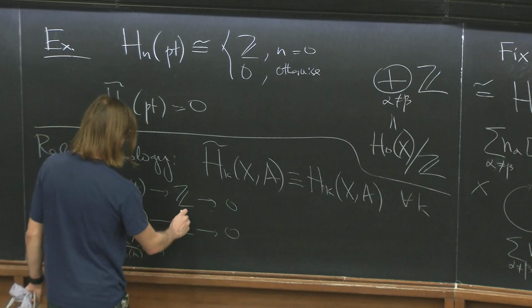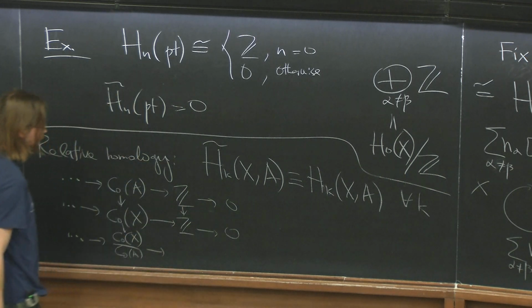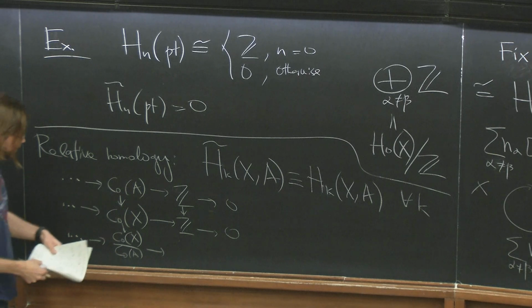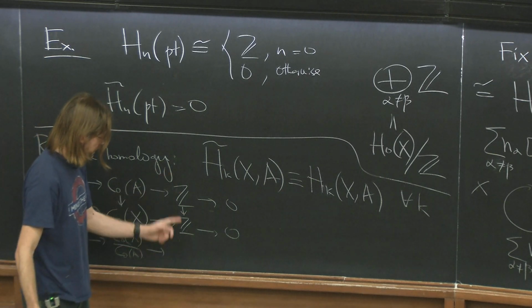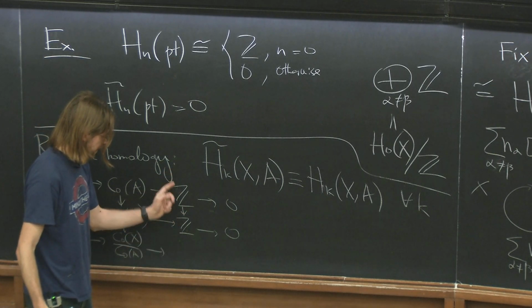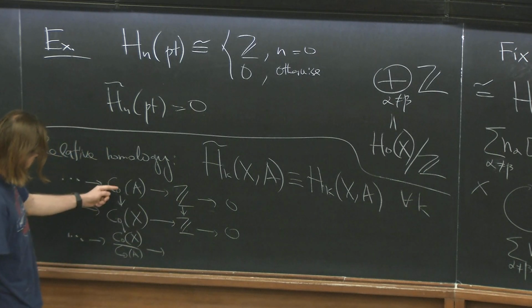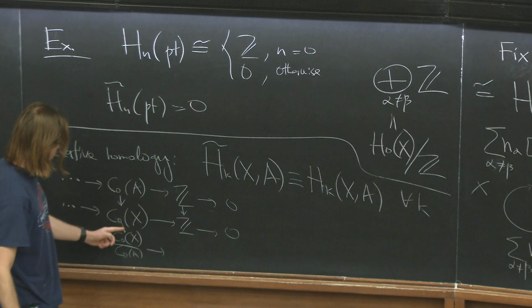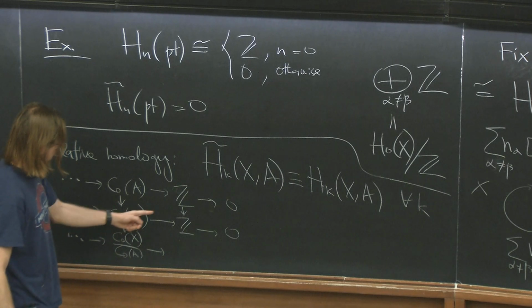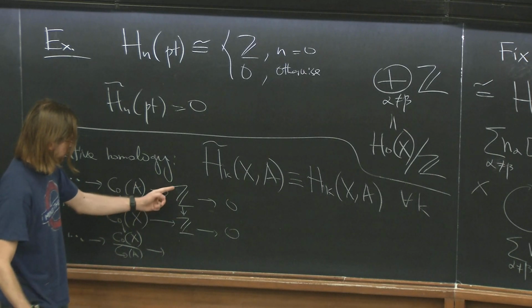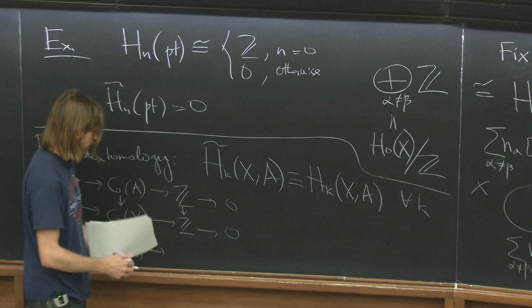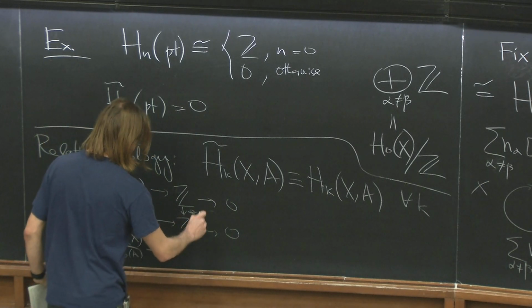And so it's natural to also have a short exact sequence in this extended column. And here, if you want all these arrows to commute, we want to make this also a kind of inclusion, which is essentially the identity map.